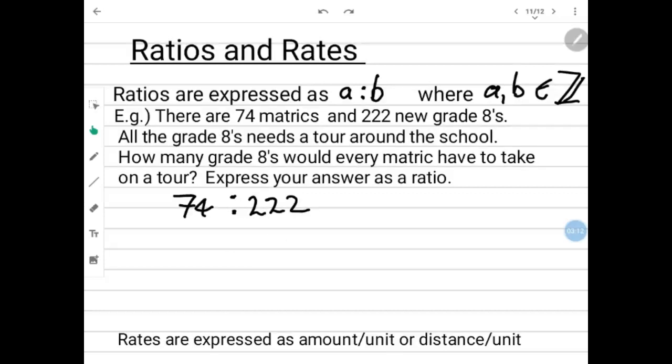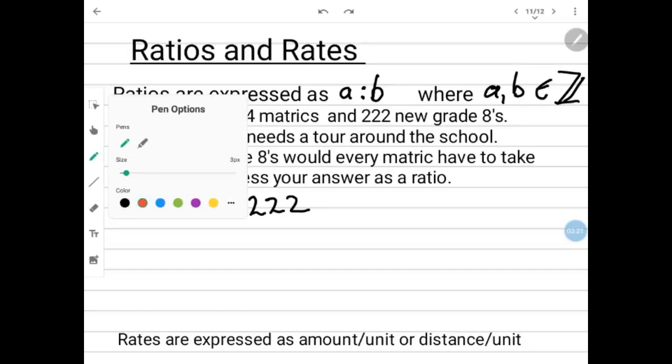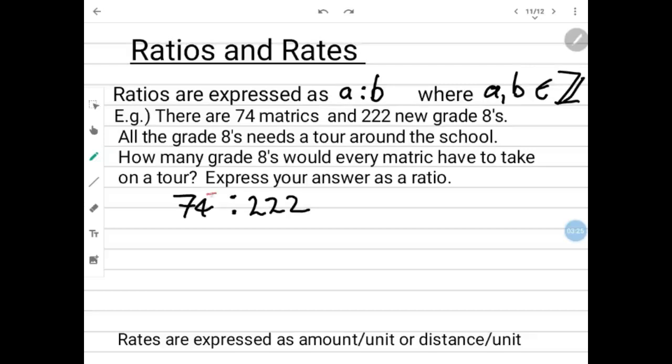It's 74, right? 74 can go into 74 and it can go into 222. So we can divide both of these by 74, right? So I'm just going to write it there, divide by 74 and divide by 74. This is what I'm writing in red now.